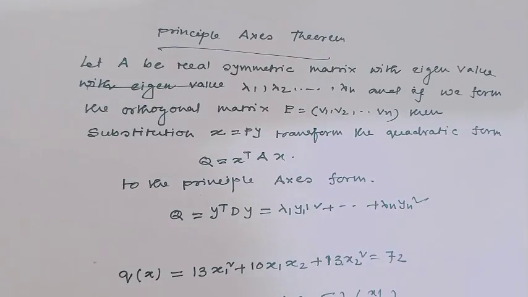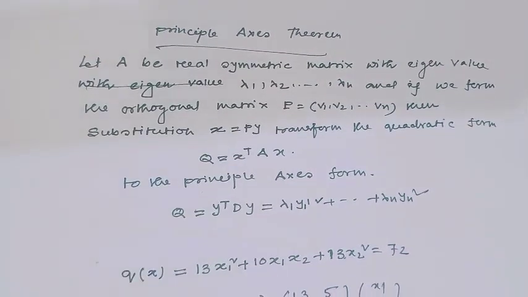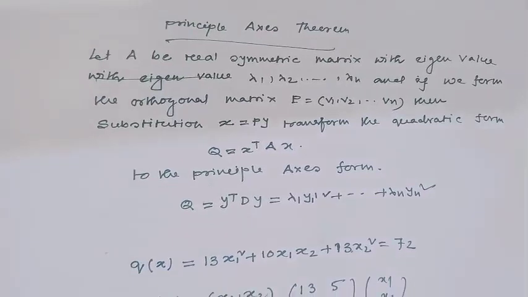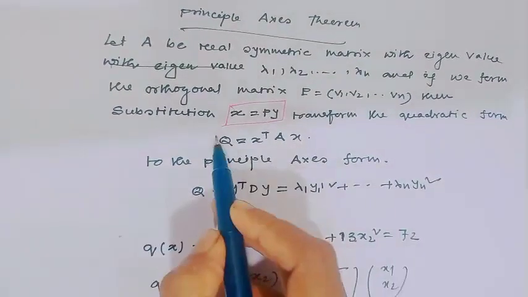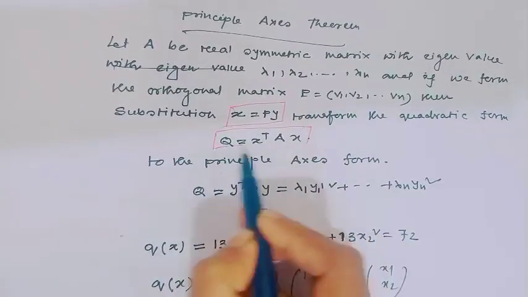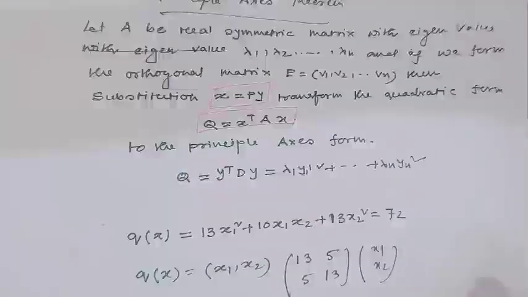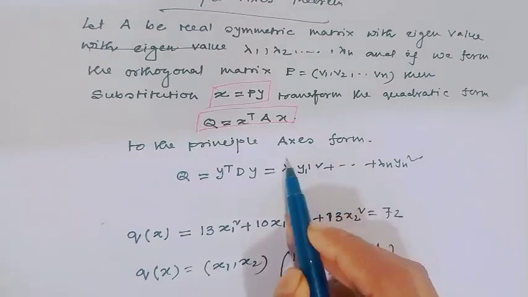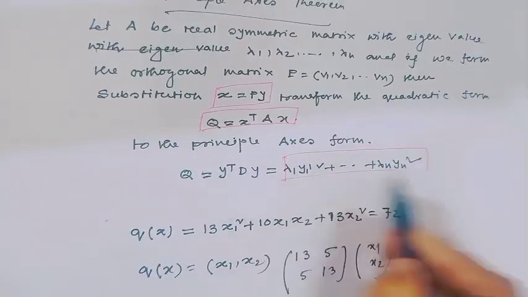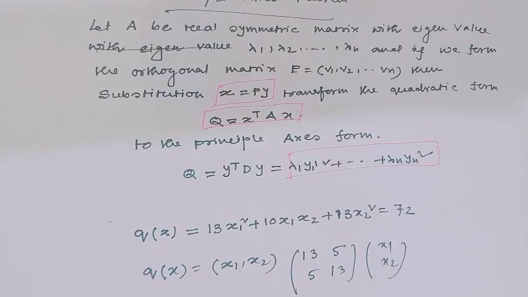If we form the orthogonal matrix P and substitute x equal to Py, then the quadratic form x transpose Ax, by the principal axis theorem, reduces to lambda 1 y1 square up to lambda n yn square, and the equation would be of such type.